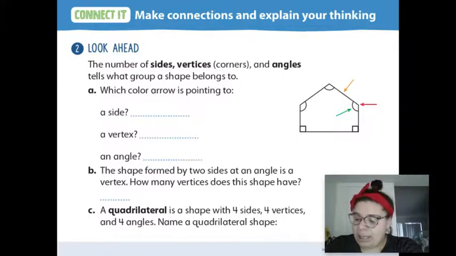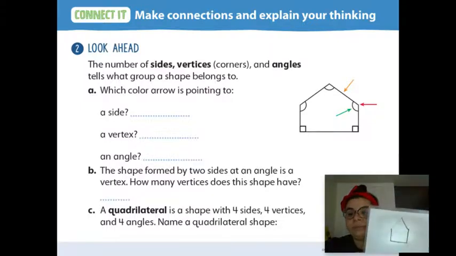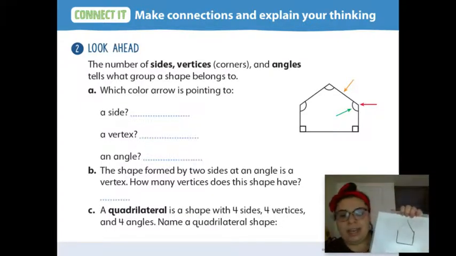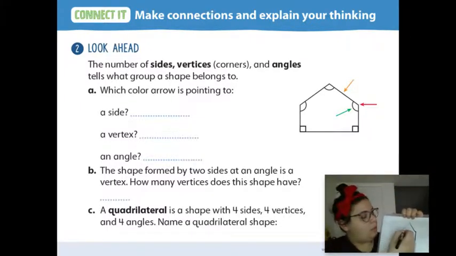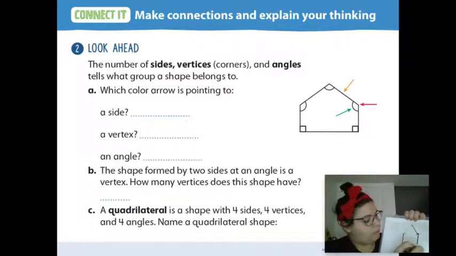An angle. Can you say angle for Miss Yanez? An angle. So when we think about an angle, it kind of looks like a house, huh? We look at the very outside. So here's an angle or a vertex. Here's an angle or a vertex. Angles and vertices are similar, but do you see how the shape kind of comes to a corner?